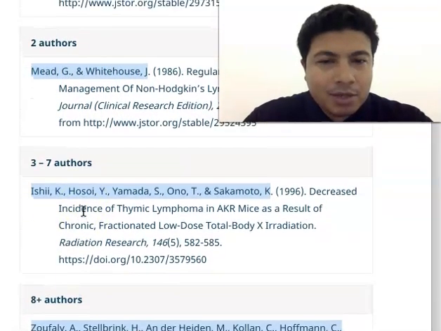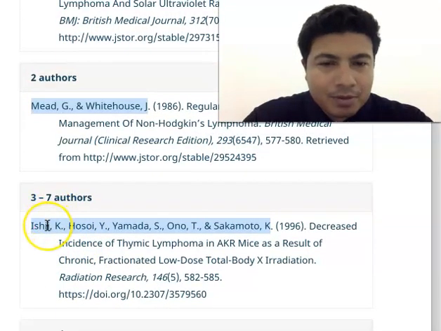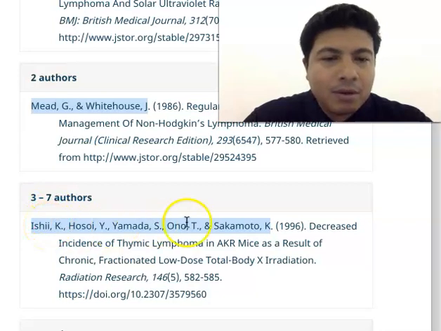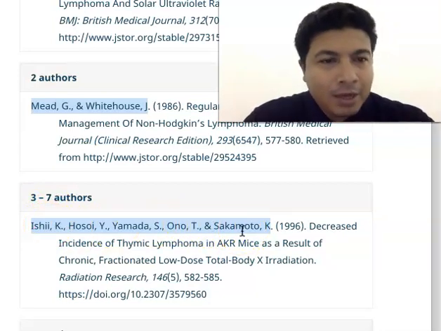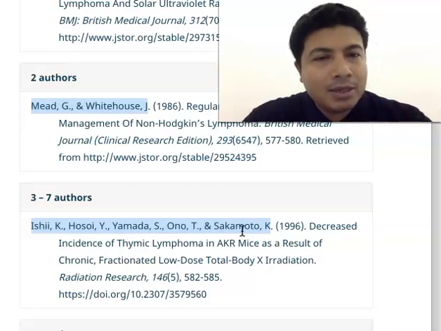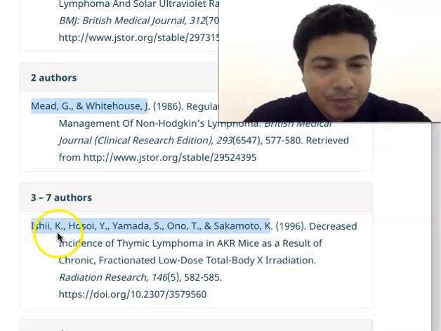If there are 3 to 7 authors, so you put the name of all the authors. No need to have et al. Et al is only in the citation. In the references, you put all the surnames of the authors followed by the initial or name of the person. So this is the family name and this is the first name.